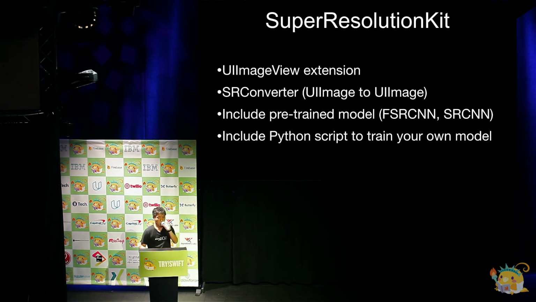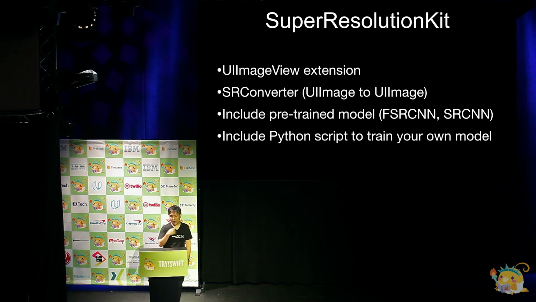First, it offers a UIImageView extension and an SRConverter class for conversion processing. And it includes pre-trained FSRCNN and SRCNN models. If you just use it for testing, it is not necessary to train the model. And for anyone who wants to train a model using their own training data, it also includes Python scripts.